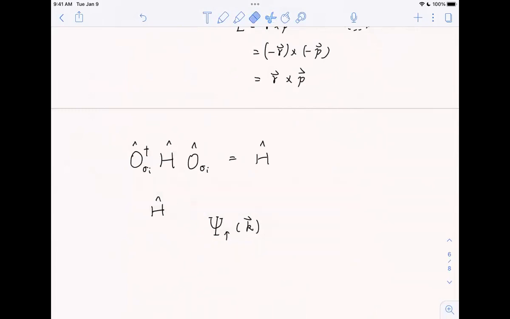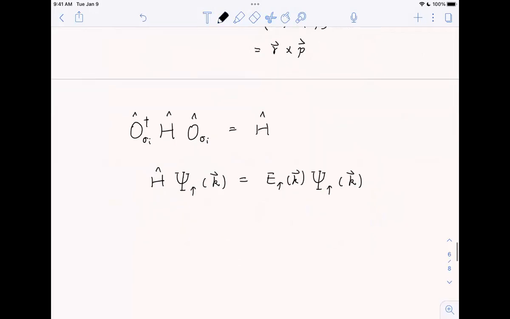I'm doing some elementary group theory of quantum mechanics. When your Hamiltonian applies on the state, you get an energy. Now you apply this operator.